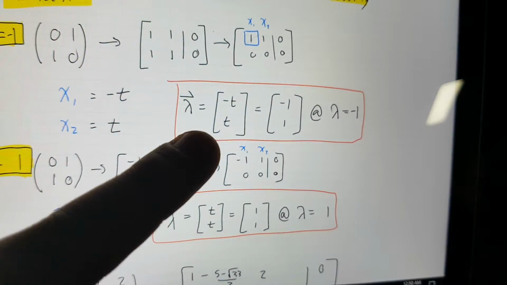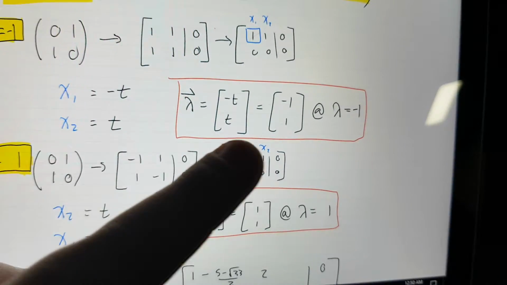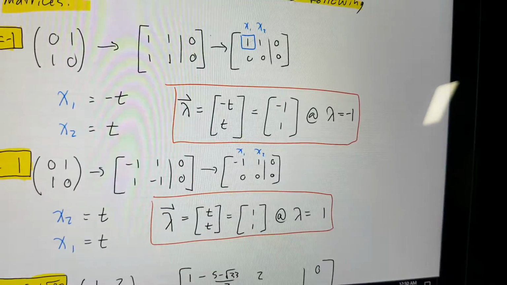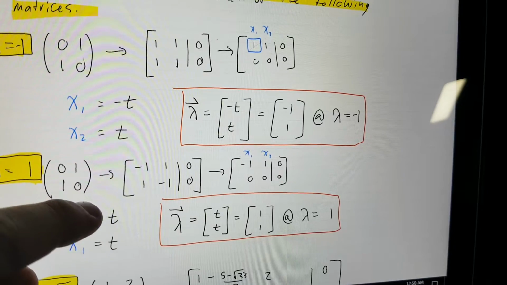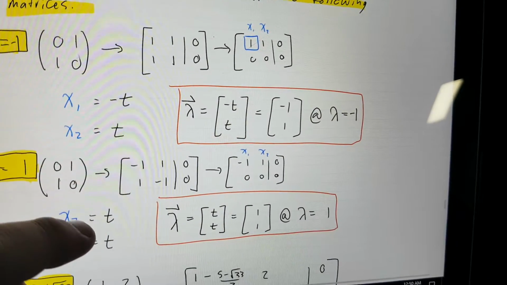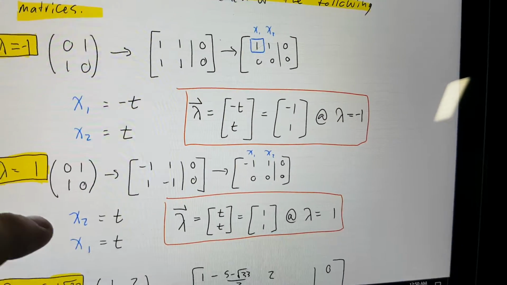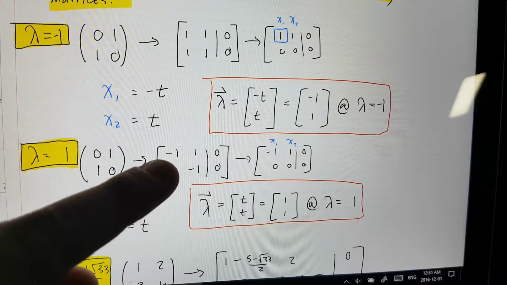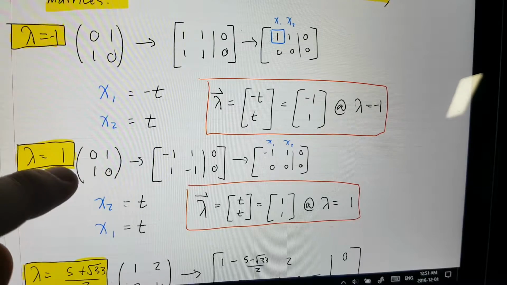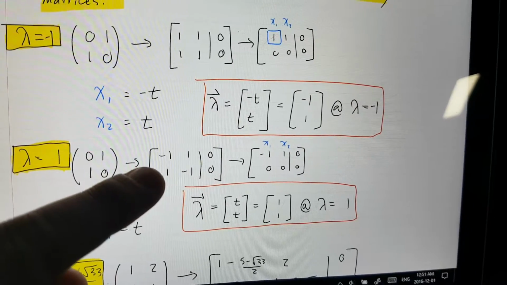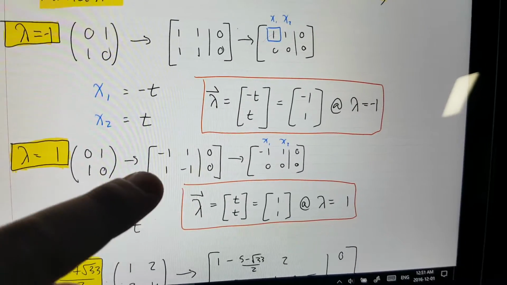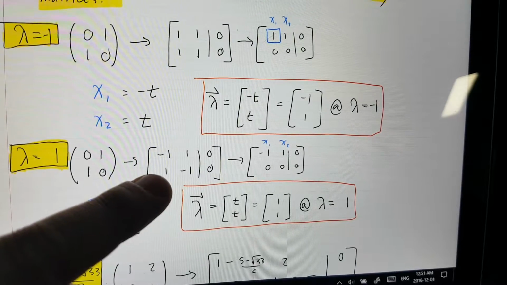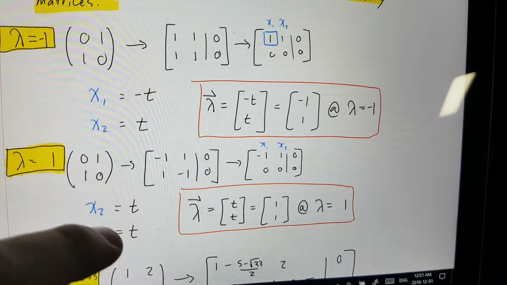So yeah, you're going to get minus t. So I'm just going to plug in t equals 1. Doesn't matter, you can scale that all you want. It's still pointing in the same direction. So that's that eigenvector. And we go ahead and do the same thing with 1, but this becomes minus 1 because it's 0 minus lambda, right? So that becomes this. In general, if you got a 2 by 2 like this, you're always going to get zeros on the bottom.